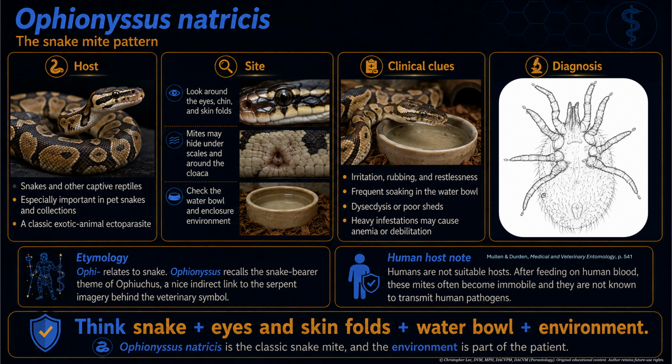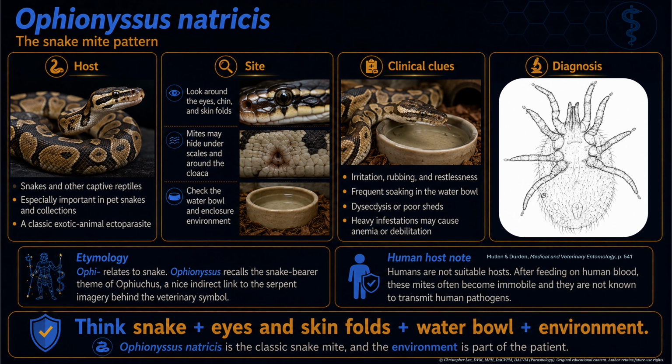Affected snakes may rub, soak more frequently, shed poorly, or become lethargic, anemic, and debilitated with heavy infestations. Diagnosis means examining both the snake and its surroundings. Collect mites from the skin, water bowl, cage surfaces, skin sheds, and enclosure debris for tape preparation or direct microscopy.